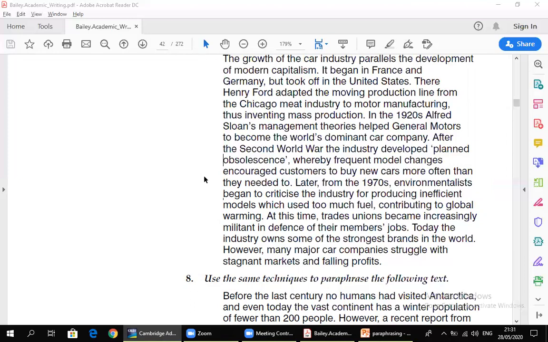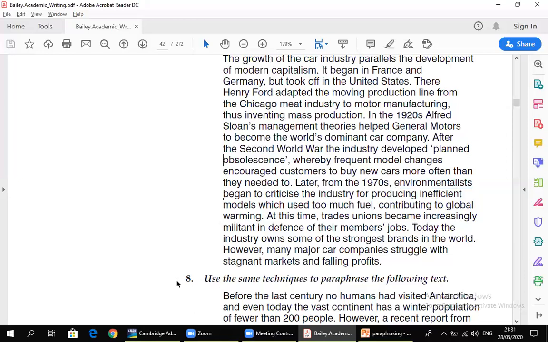Later, from the 1970s, environmentalists began to criticize the industry for producing inefficient models which use too much fuel, contributing to global warming. Lots of change could be made here. The word environmentalists, can we find a synonym for this one?